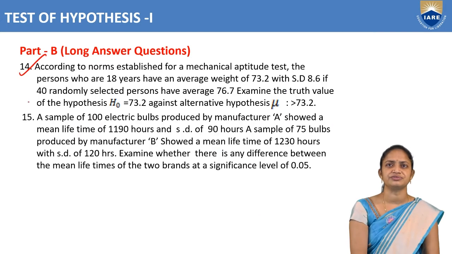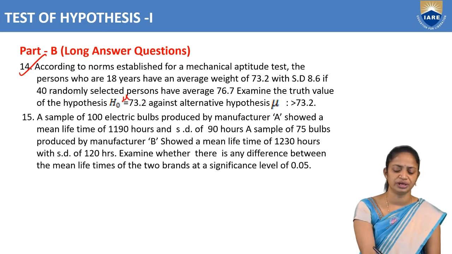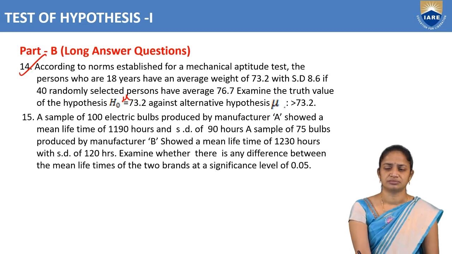Now coming to the next question: according to the norms established for a mechanical aptitude test, persons who are 18 years old have an average weight of 73.2 with standard deviation 8.6. If 40 randomly selected persons have an average of 76.7, examine the truth value of the hypothesis H naught: mu equal to 73.2 against mu greater than 73.2.